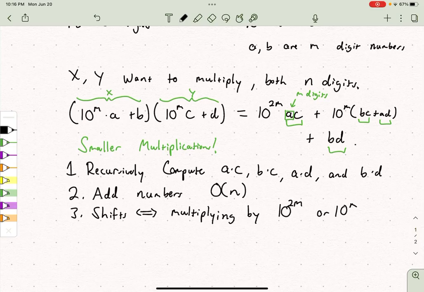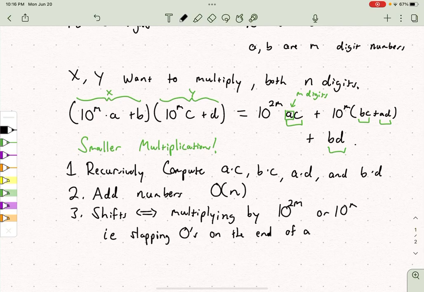Multiplying by 10 is easier than general multiplying because you essentially just slap zeros on the end of the number. And so this is, of course, still O of n time to do. So this seems like it could give us some savings. Instead of multiplying the numbers, we focus more on adding them and doing shifts.